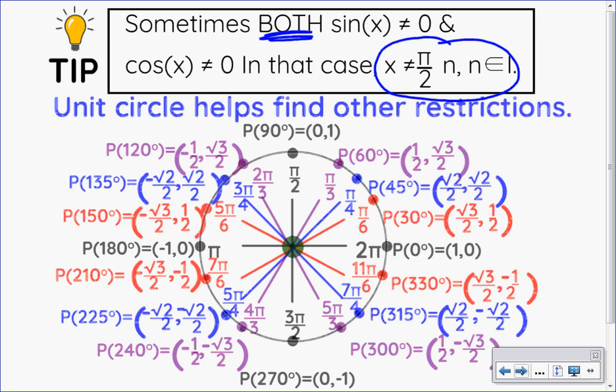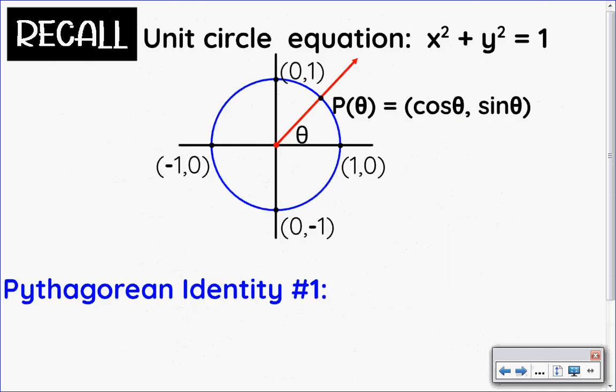So let's look at our first set of identities, and we're going to develop them in general. The unit circle equation, hopefully you remember this, is x squared plus y squared equals 1, because it is a unit circle. Now I also know that every point on the unit circle has coordinates of cosine theta, sine theta.